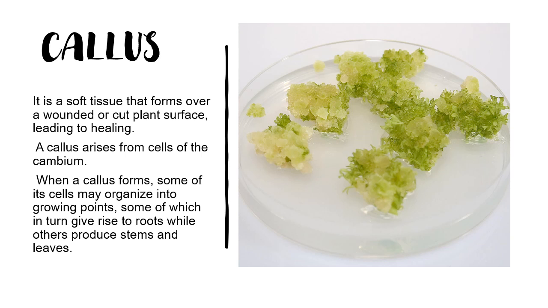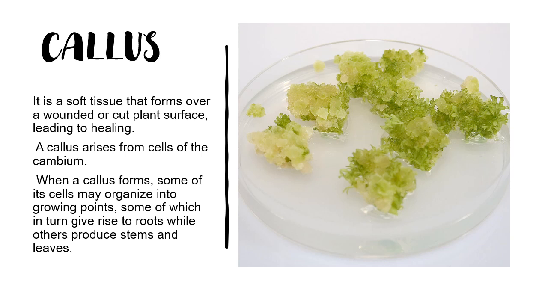Callus is a soft tissue that forms over a wounded or cut plant surface, leading to healing. So now you are cutting parts of plants and inoculating them. What happens? From that cut surface of the plant, a soft tissue-like growth comes out, and that helps the piece of plant to heal.